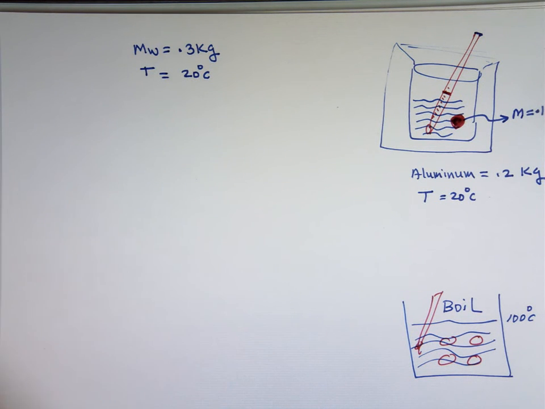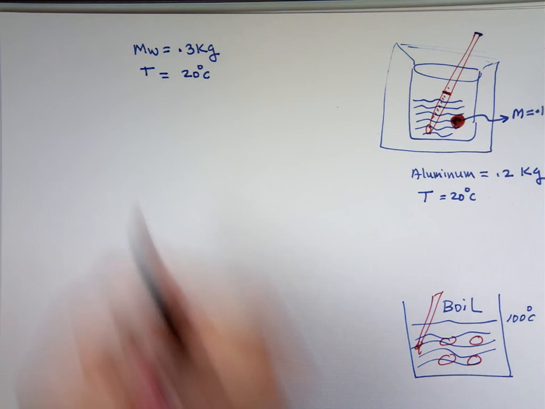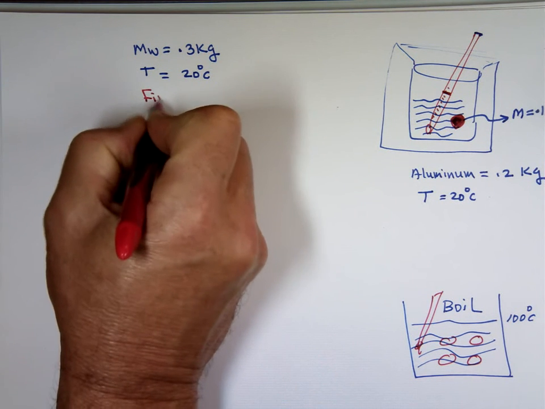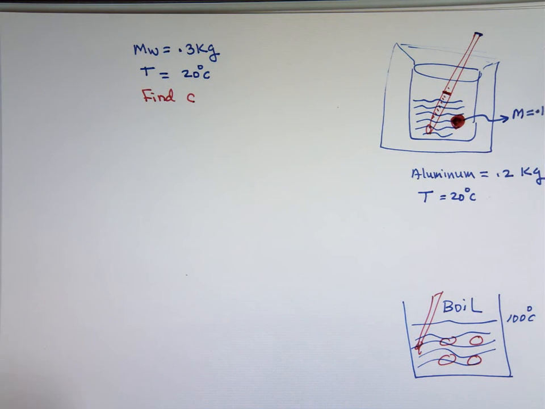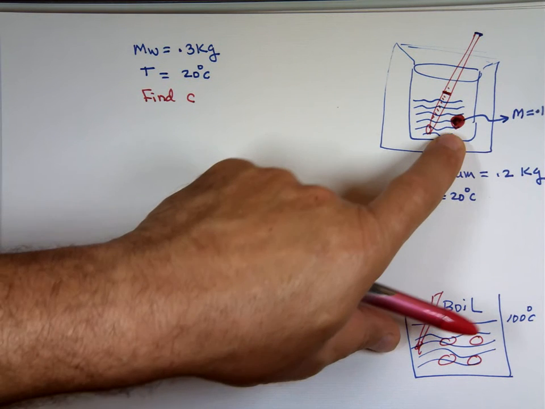And the only way to figure out what that is is by finding what C is. So your job becomes, can you find what C for that bowl is? The specific heat. And the only way you can do that is if you wait a few minutes, because this is going to be hot, and the temperature of the water is going to rise.